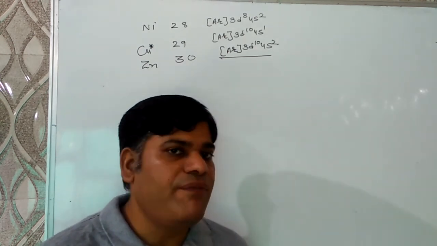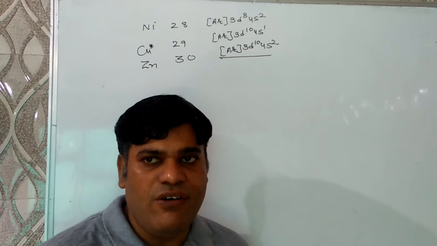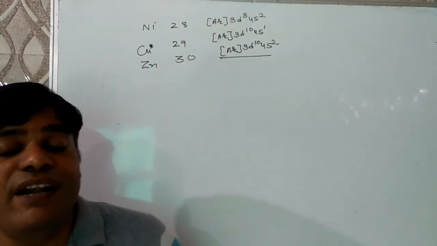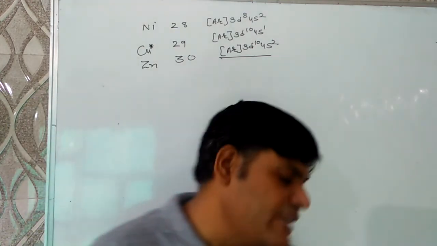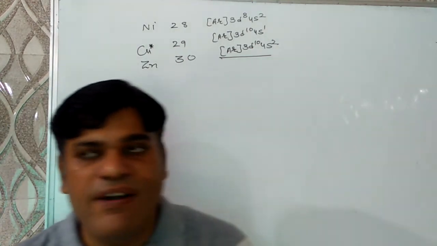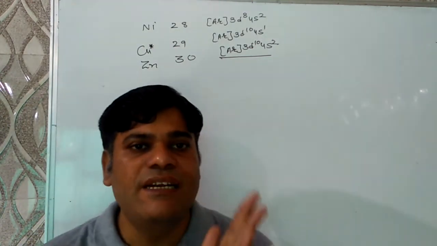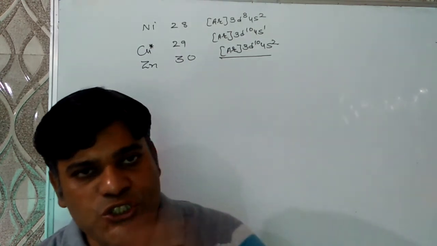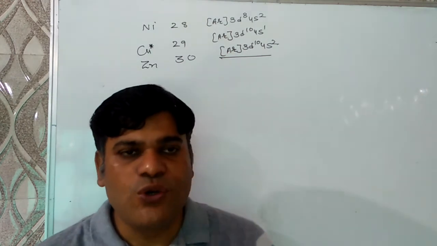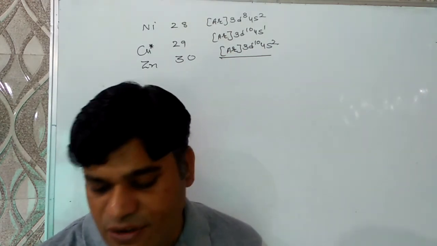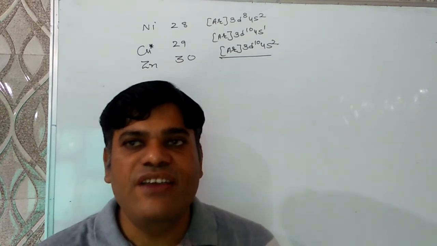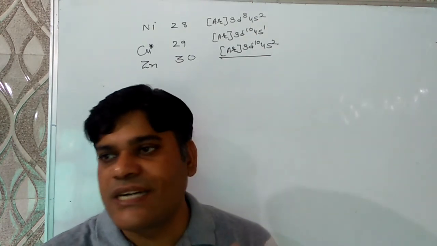Next question might be there, why are half-filled and full-filled electronic configurations extra stable? The reason is due to symmetrical distribution of electrons and electron exchange energy.